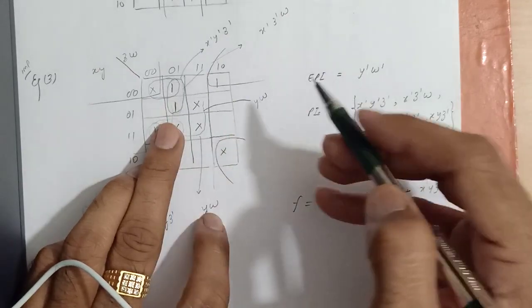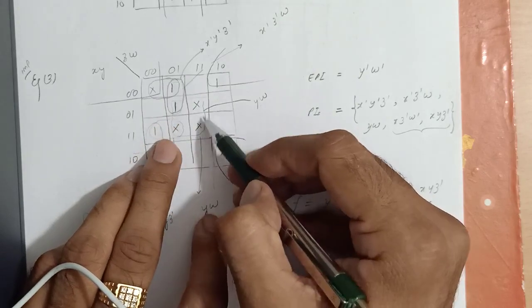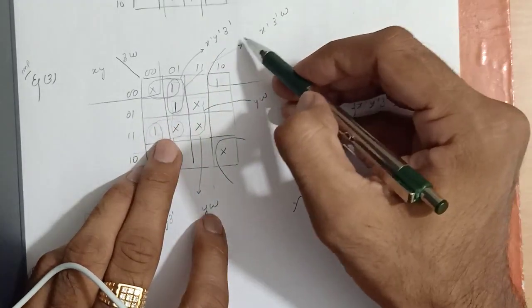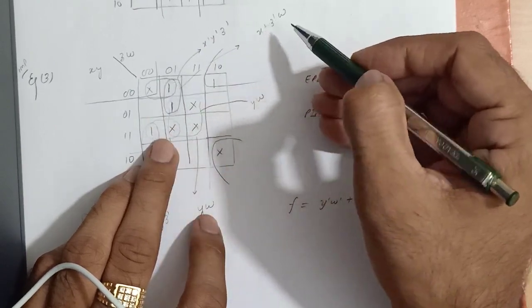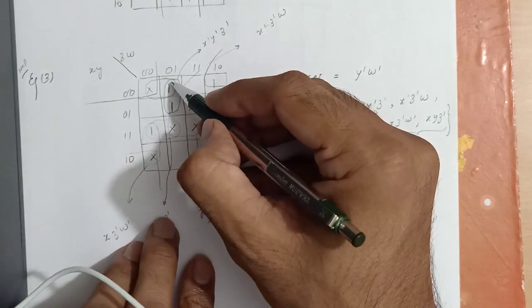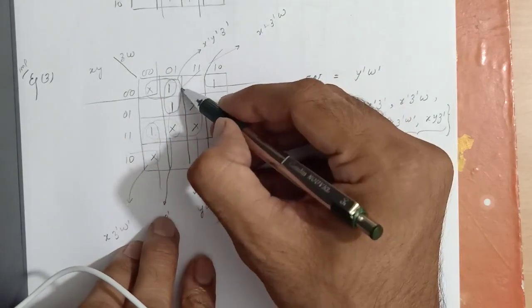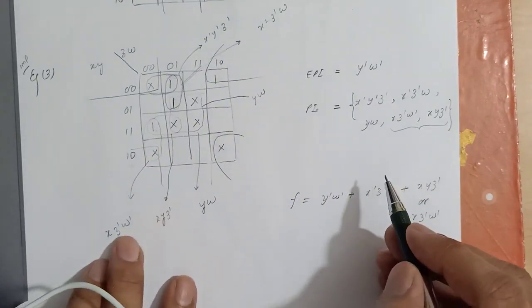Yes, so totally we have to select one prime implicant with two literals and either this prime implicant or this prime implicant. So the total number of literals will be 5. So what we can do, in order to cover these two ones, we can select this prime implicant. Yes.